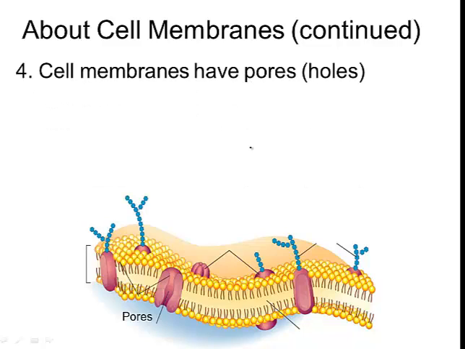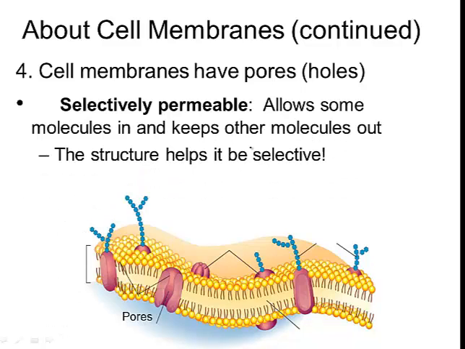Okay, and finally, remember that cell membranes have pores or holes in them. And these are going to be really what is going to make the membrane selectively permeable. So these pores are going to kind of decide what can get in and out of the cell. And that's what makes it selective.